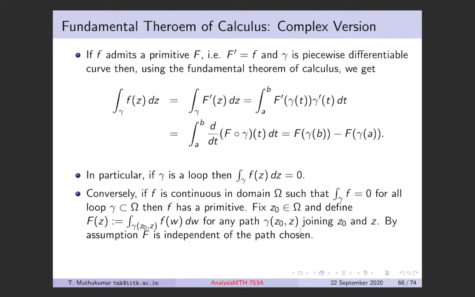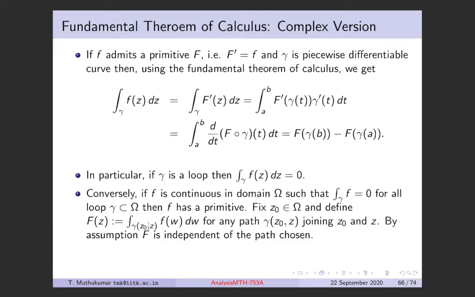So now that you have validated that capital F is well defined, you need to show that capital F prime is little f. How do you show it? Go by the usual notion of derivative. You start with F(z+h) minus F(z).